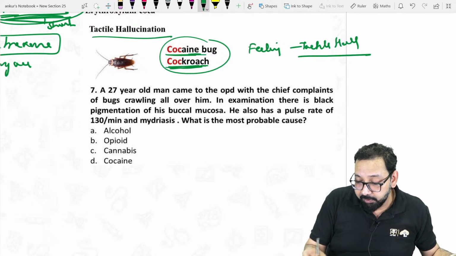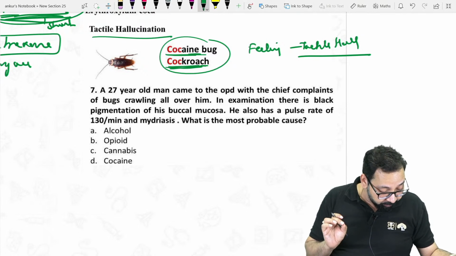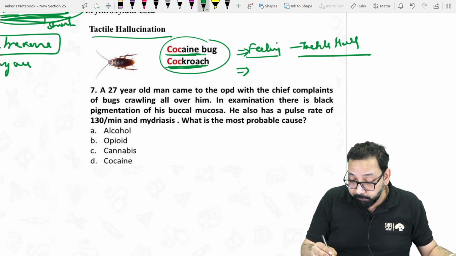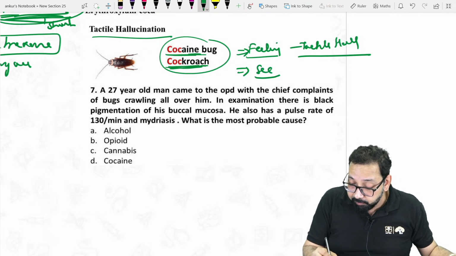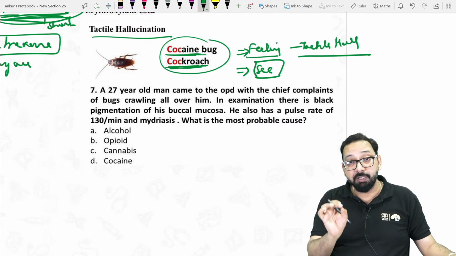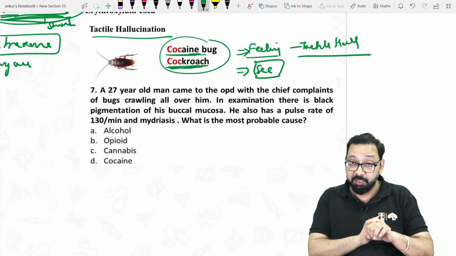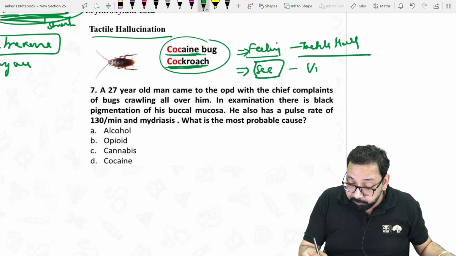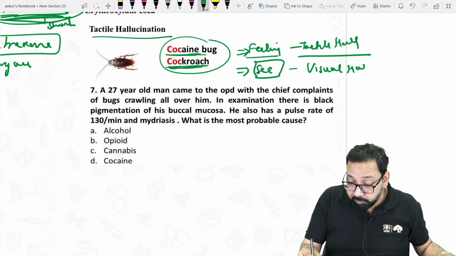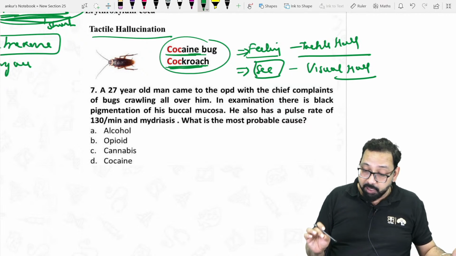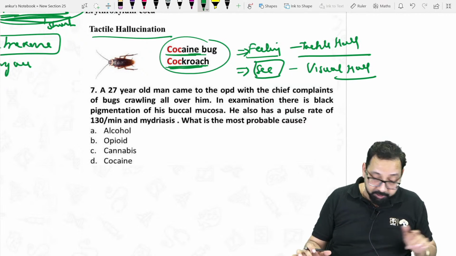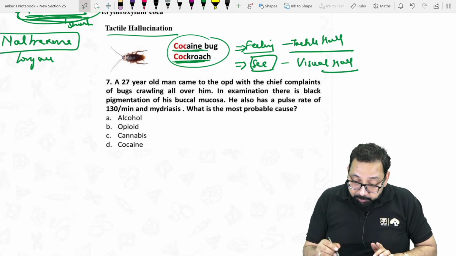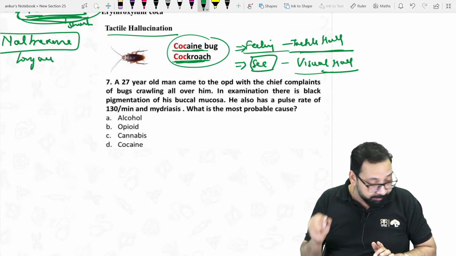Remember, the same question is asked that if the word 'see' is given, patient sees insects crawling over the skin, then it will become visual hallucination. So questions are asked in which we are preoccupied with tactile hallucination. If the word is 'see', then visual hallucination; if feeling, tactile hallucination.